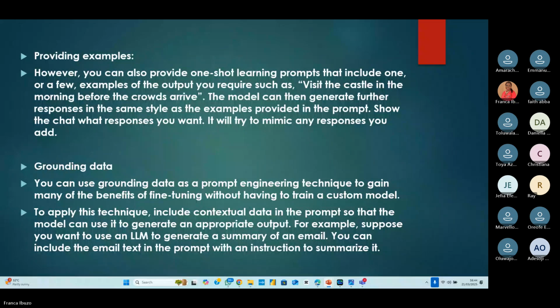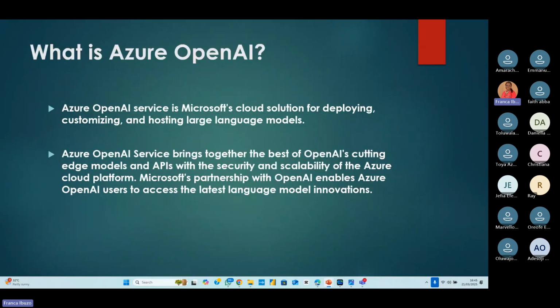You can include the email text in the prompt with an instruction to summarize it. Like I mentioned, if you have a long email or a large document, you could ask a Copilot to summarize it.